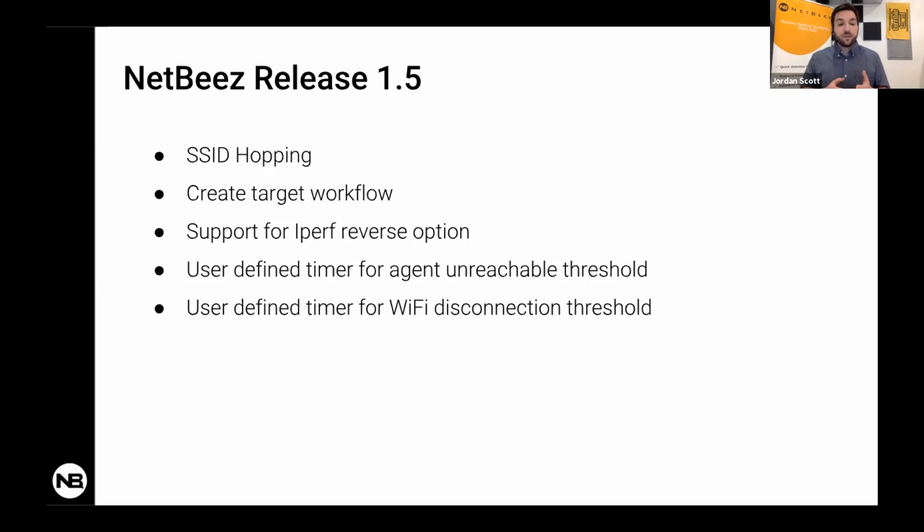This exposes the threshold in the NetBeez dashboard, and it gives more control to wireless engineers on how to handle such notifications. So that was just a quick review of the new features implemented in 1.5. Again, if you'd like something more in depth, feel free to visit the documents section on our website, where we've published some information about it, or reach out to us for a one-on-one meeting to go into more detail.